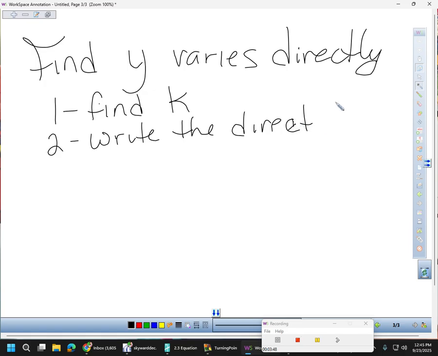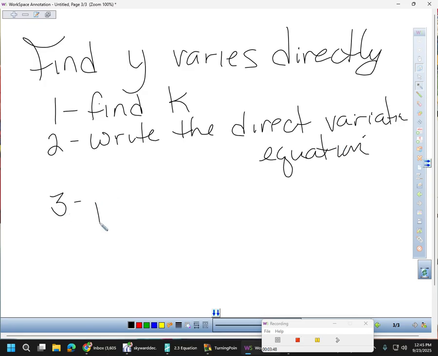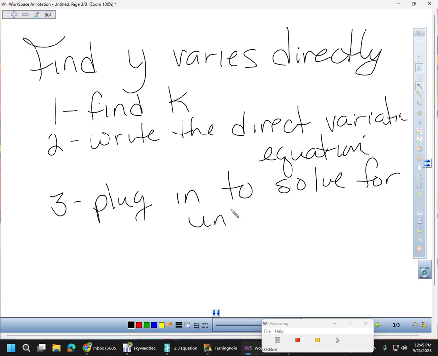That's a C by the way, variation, whoops, try that again. And then step 3, plug in to solve for the unknown.